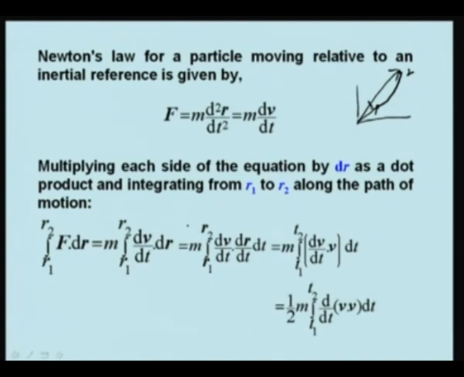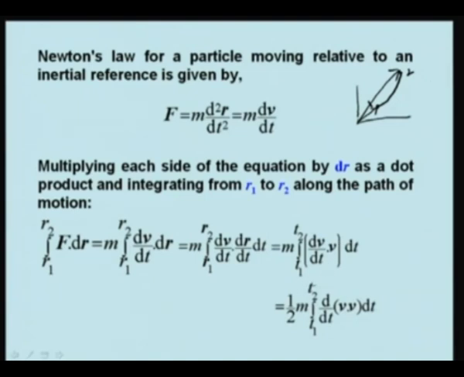So, therefore, this has become m integral r1 to r2 of dv by dt dot dr by dt into dt, which is equal to m integral t1 to t2 of dv by dt dot v dt, where dr by dt has been written as v.